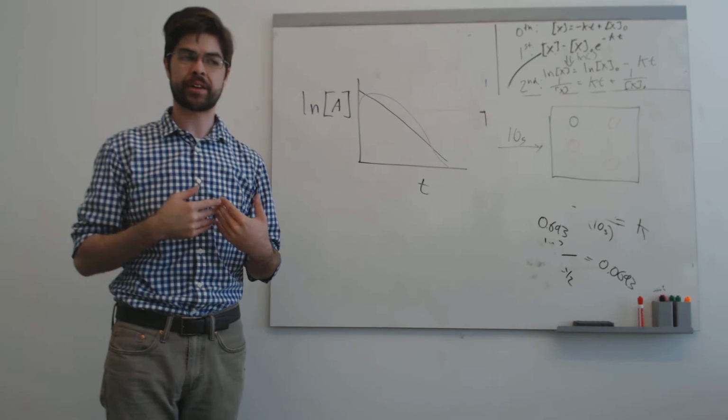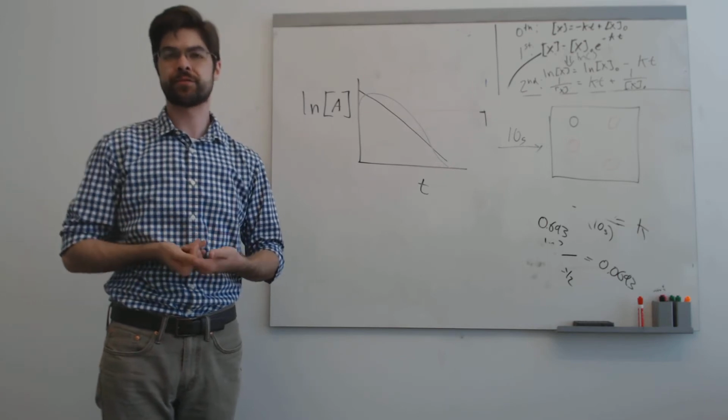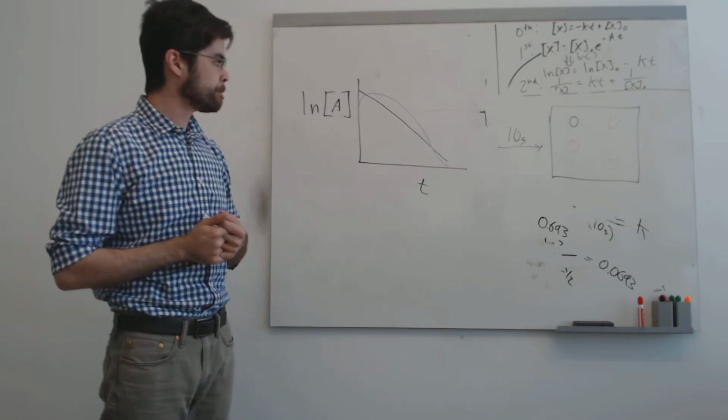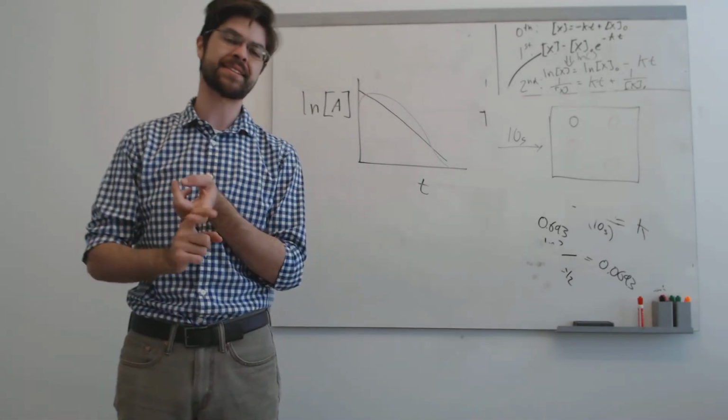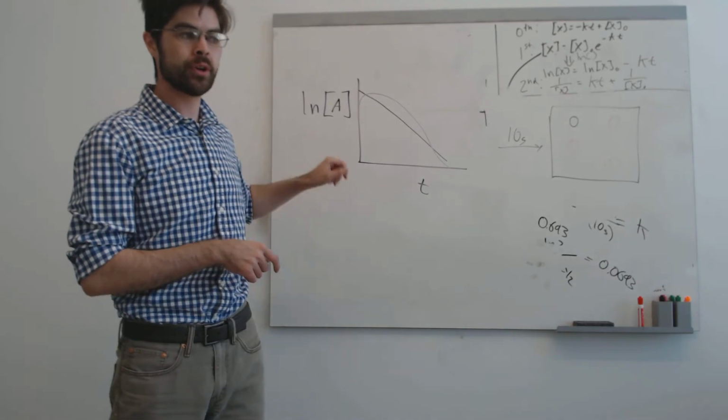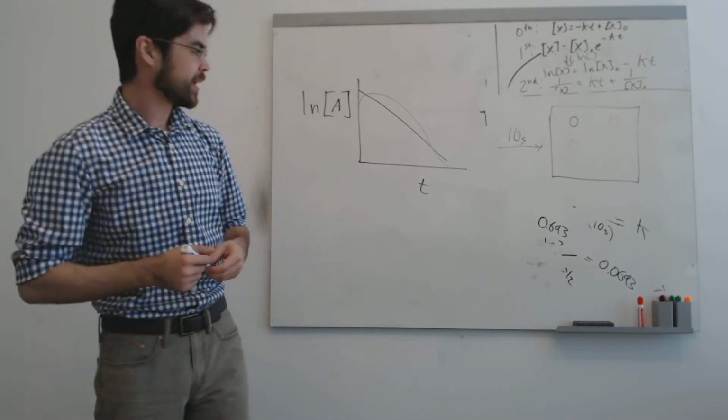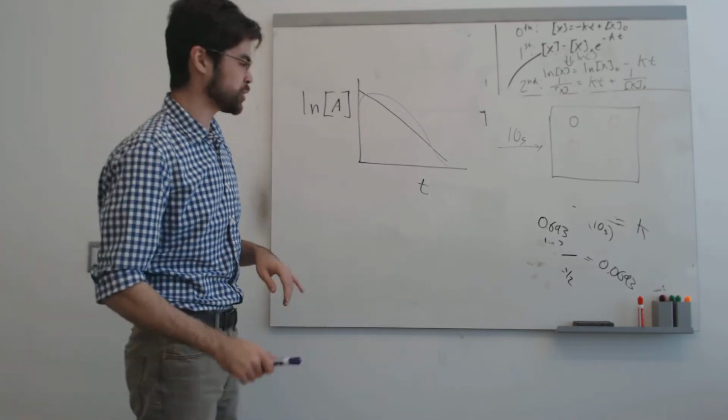If it does have that characteristic, then it is first order. So how can you determine the order just by looking at it? You can either identify it as being first order or not first order. And that's about as clear as you can get it.